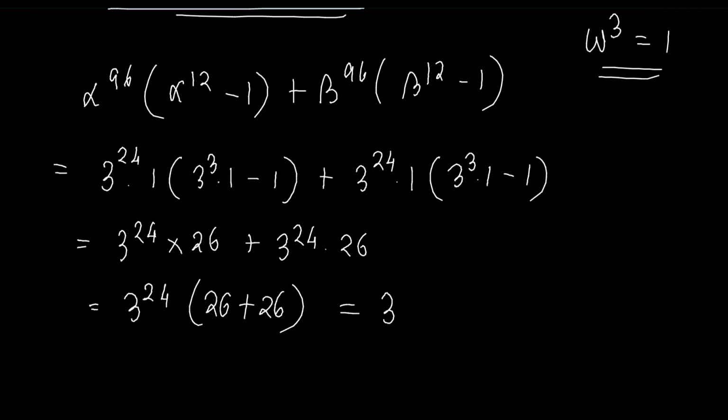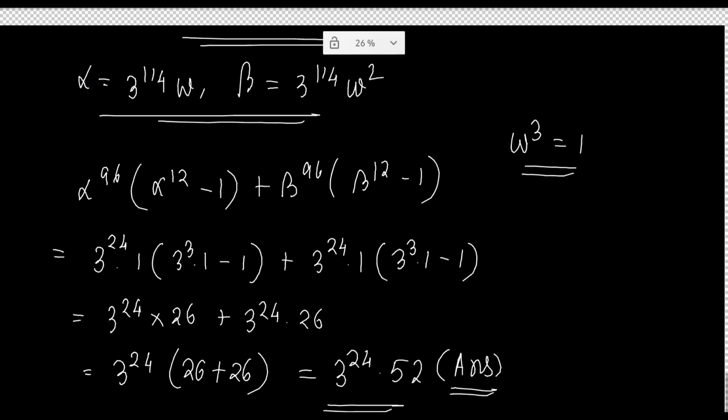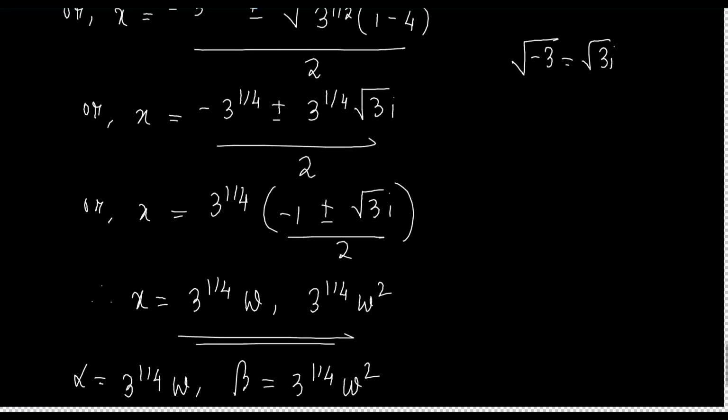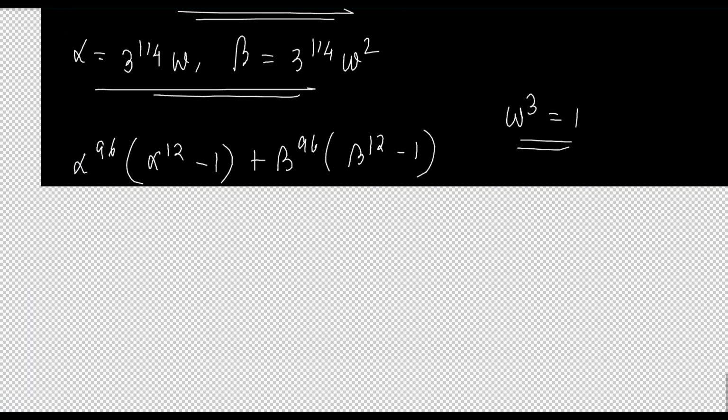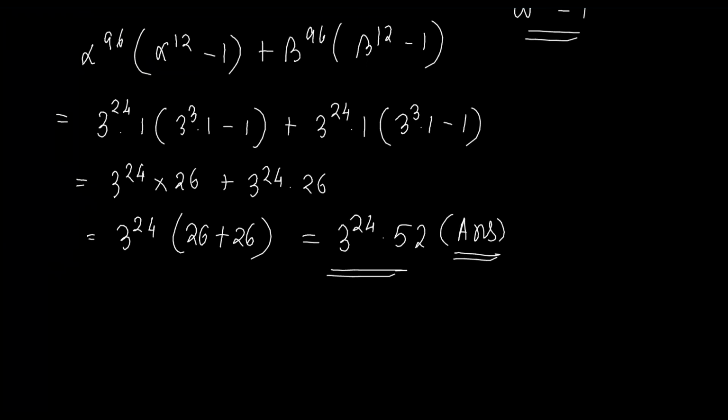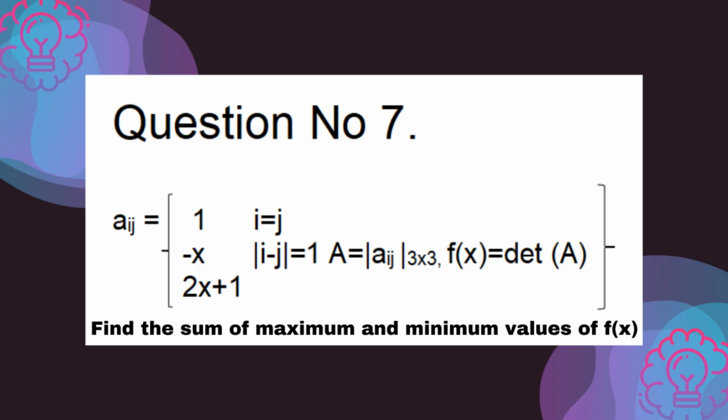So our final answer will be 3 to the power 24 into 52. So this is our final answer. It's a very simple sum, but the trick behind this, we have to just decode this one. That is, this is 3 to the power 1 by 4 omega and 3 to the power 1 by 4 omega square. Okay. Now we come to the next question that is given.